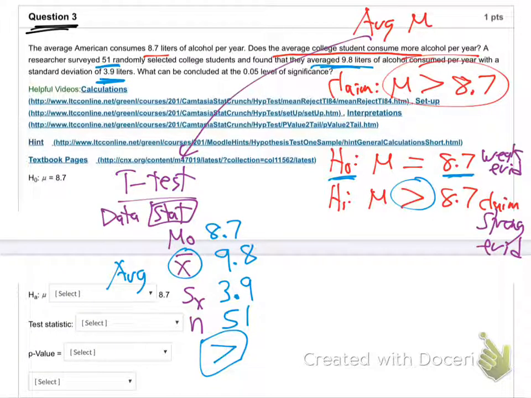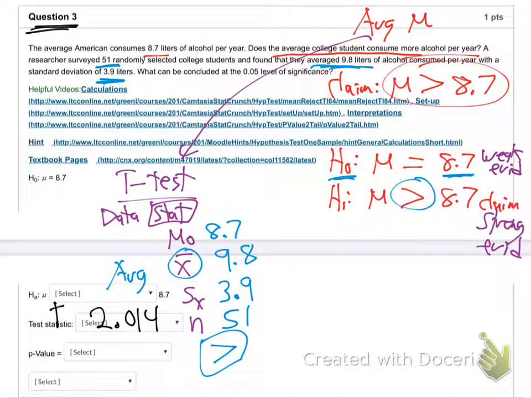Hit enter with all that stuff, and let's see what we get. So I'm going to put in the data myself. And it's a greater. Okay, so I did it all, and I'm getting a test statistic that comes out to be 2.014.